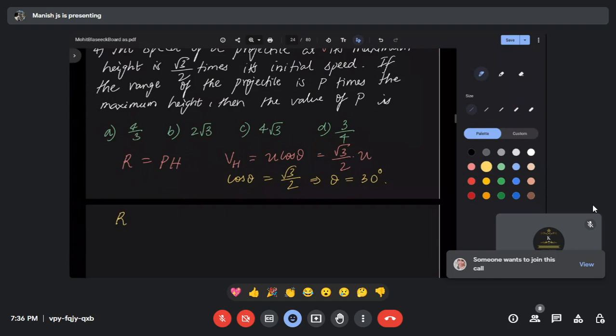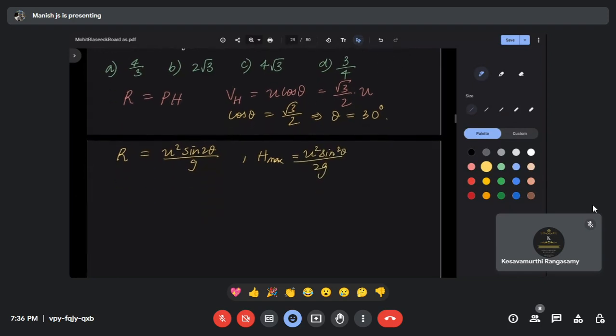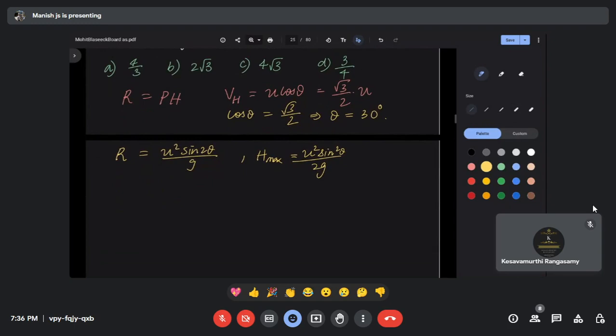Now you know the range formula already, it is u square sine 2 theta upon g. Same way, the maximum height relation: h max is equal to u square sine square theta upon 2g, isn't it? These are the relations that we know.